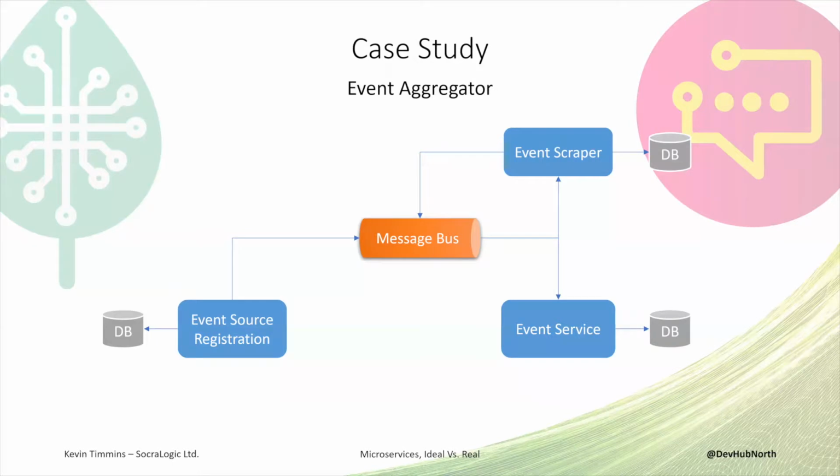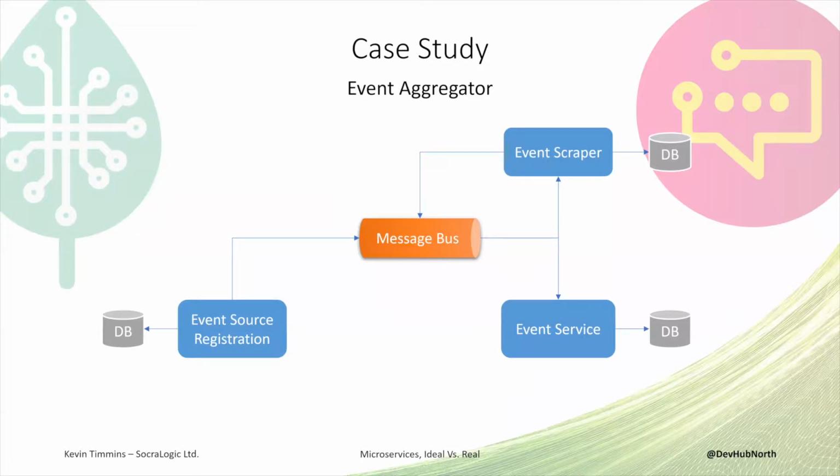So the event aggregator is a service which will allow you to register your interest in a particular speaker. It will then automatically go to their events website and pull down all the events and do some kind of logic on those events to find the events that are near to you, so within the same country, maybe even the same city.